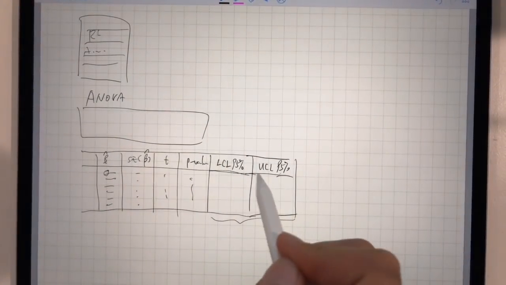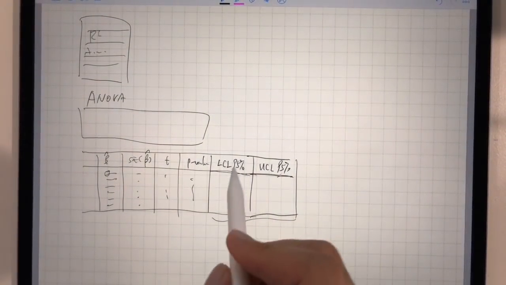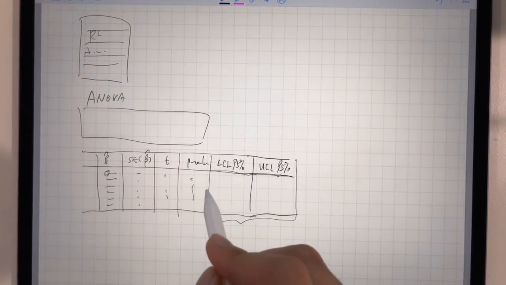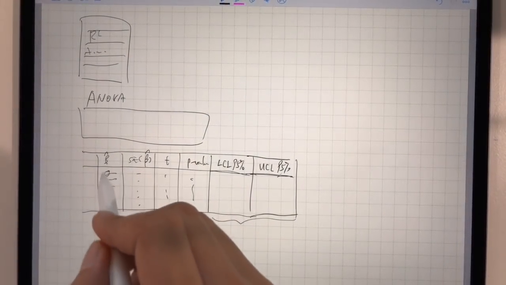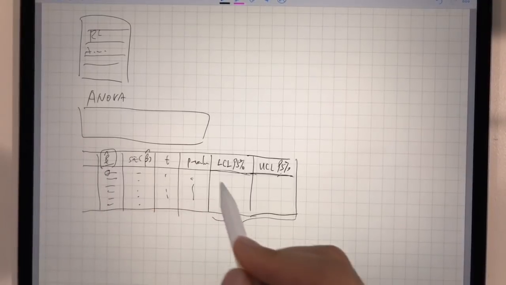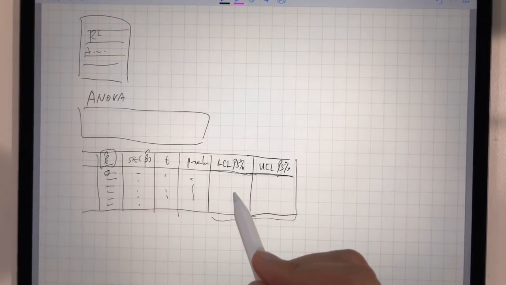So this LCL and UCL at 95% give you another way of finding out whether this beta hat is significantly different from 0 or not.